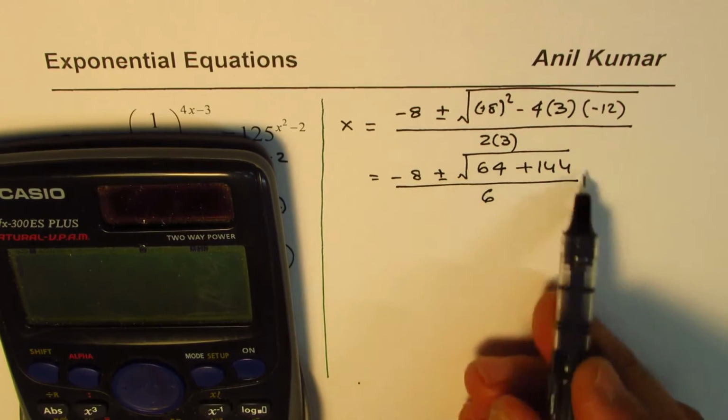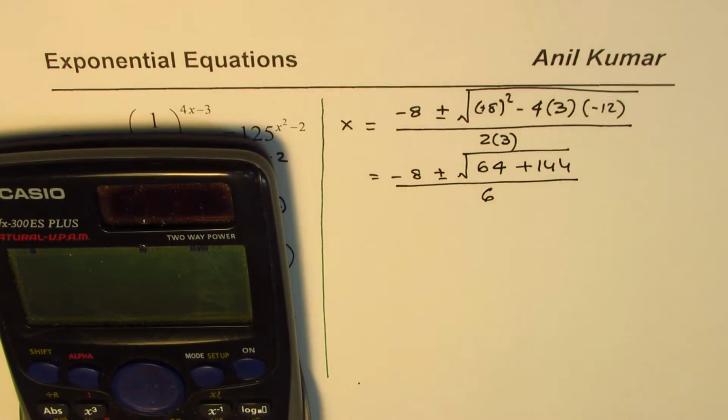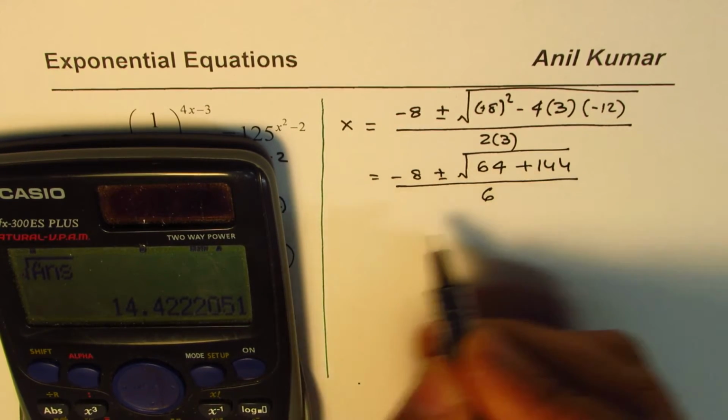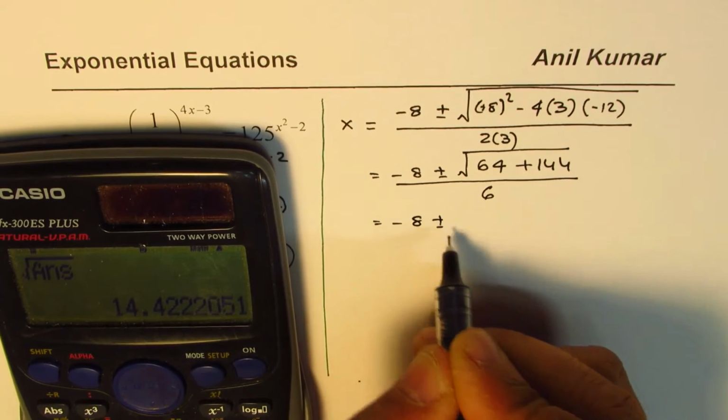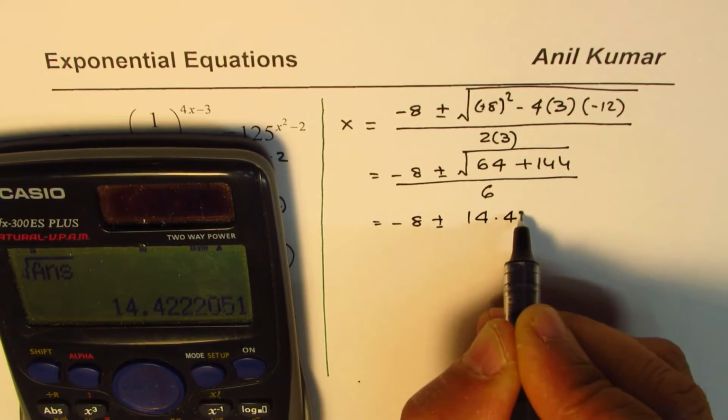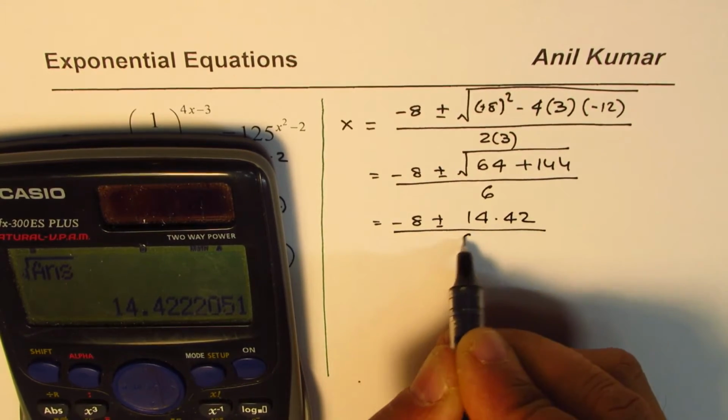Within the square root we have 64 plus 144, that gives us 208, and the square root of 208 is 4 square root 13. Okay, so let's write it in decimals. So we have minus 8 plus minus 14.42 divided by 6.